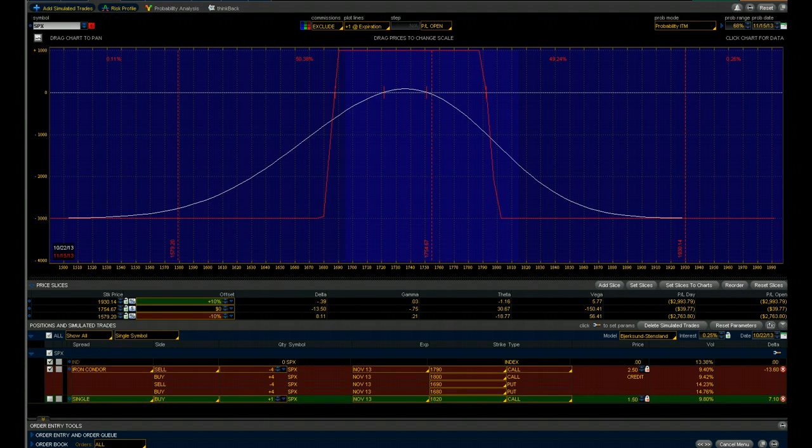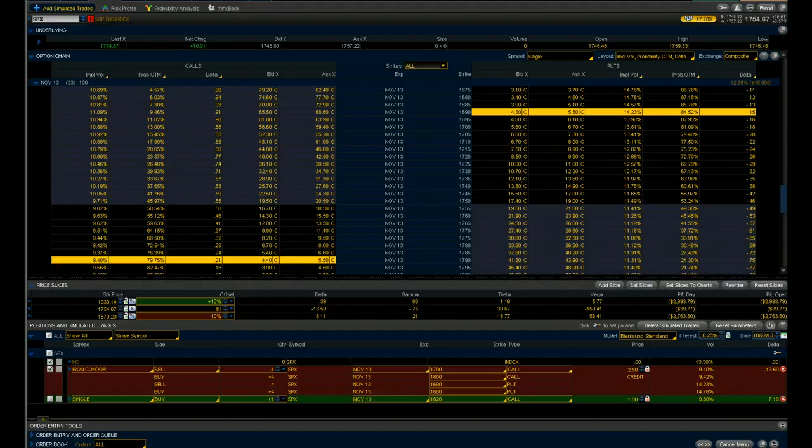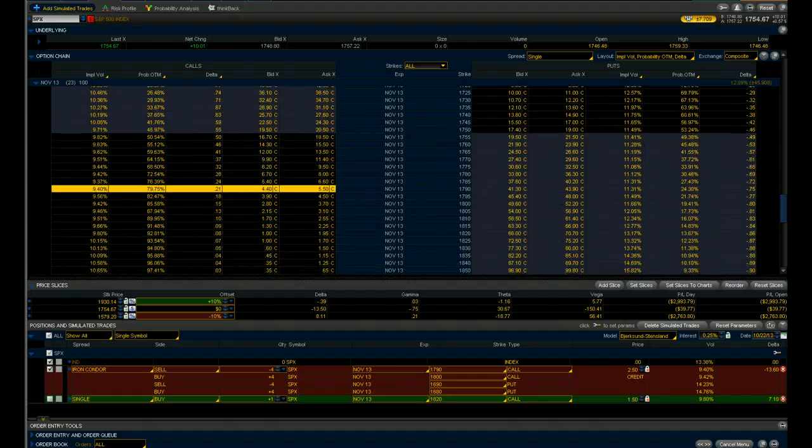If we go back to the tab and look at the 1820 call, you're going to see that it has a delta of plus 8. I really wanted to take my deltas down a little bit. So I added this call, and now my deltas are minus 5. You don't necessarily want to get them to 0, but it's good if you can bring them down.